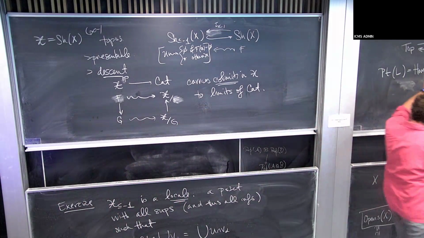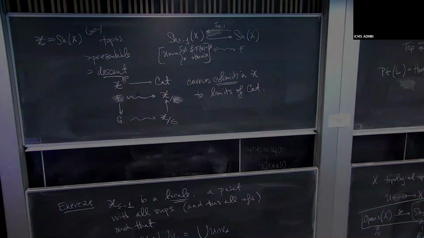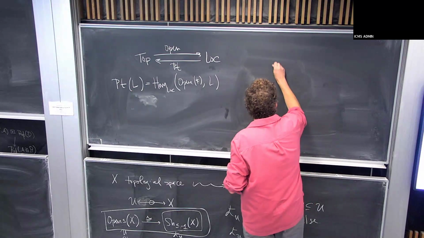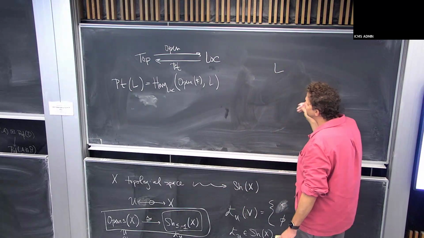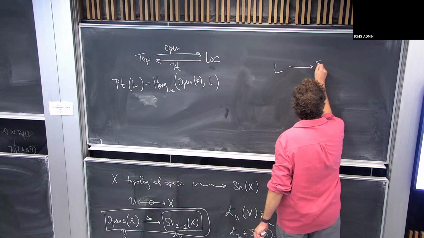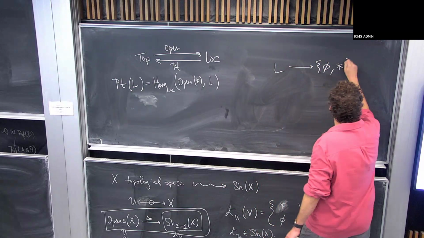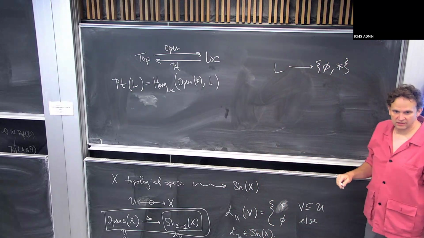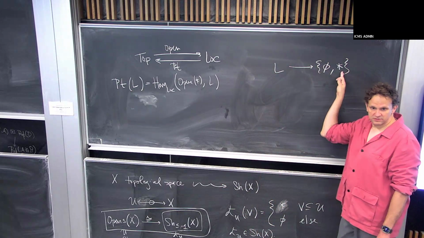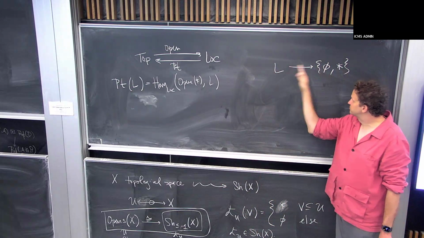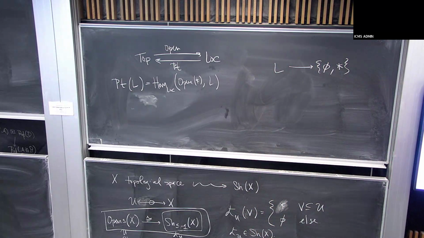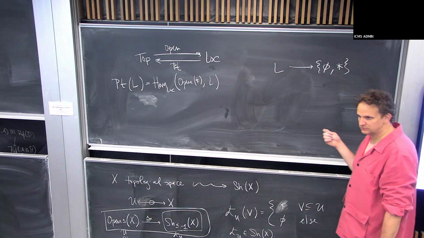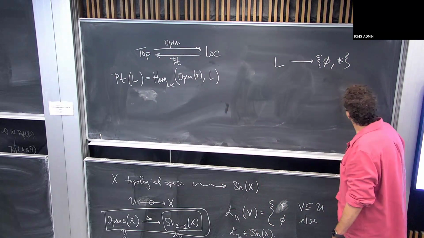But let me just emphasize what this means here. So this means that you're taking your locale, right? So this is a poset with a bunch of stuff, and you're interested in maps to this set right here. These are poset maps, and this poset map has to preserve all sups and the finite infs. We'll have trouble with that word infs, right?